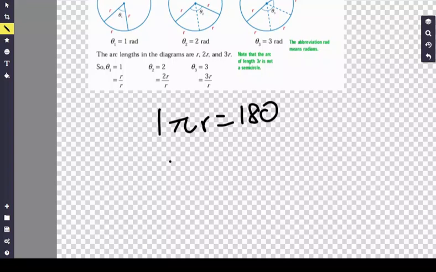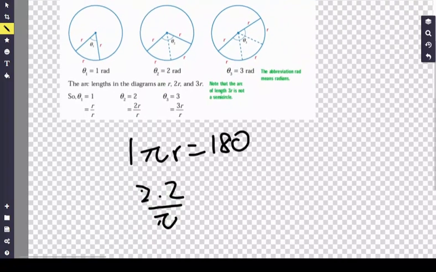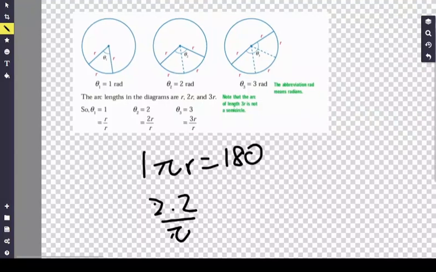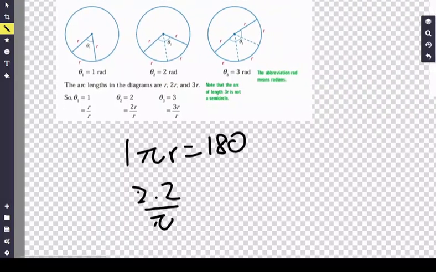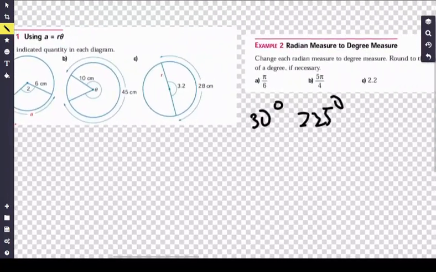So if this doesn't include pi, what does this mean? This means that we have to do 2.2 divided by pi. So it gives us a decimal, and then we multiply that by 180. That's going to give us 126 degrees.